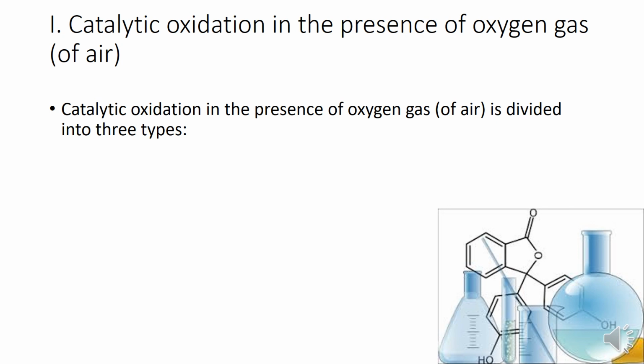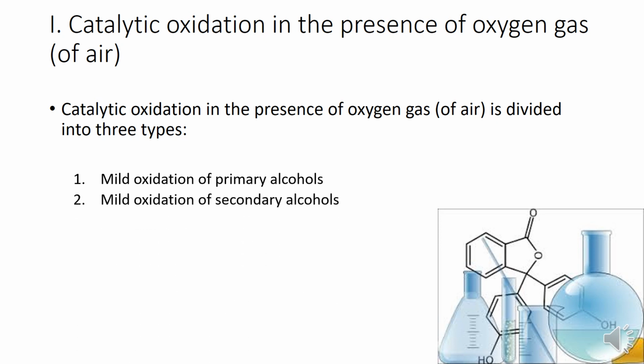Catalytic oxidation in the presence of oxygen gas is divided into 3 types. The first one is mild oxidation of primary alcohols. The second one is mild oxidation of secondary alcohols. The third one is mild oxidation of tertiary alcohols.